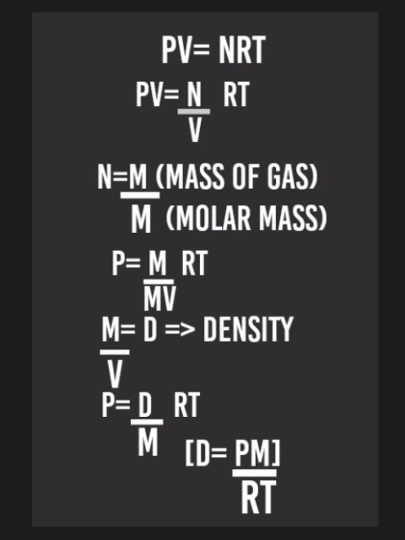Now, let us find out the relationship between the ideal gas equation and density of a gas. As you can see, PV is equal to nRT, or P is equal to n by V RT.